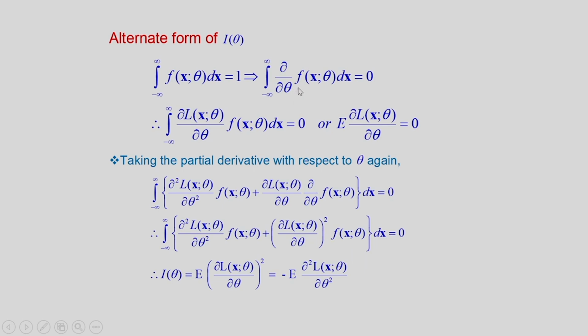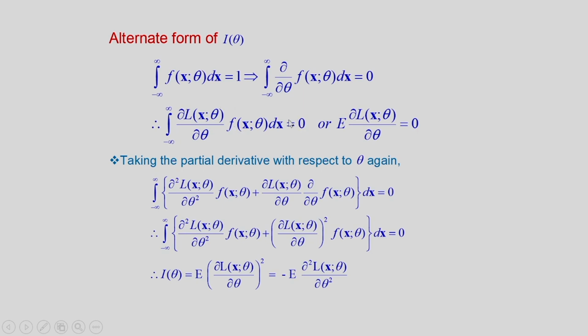Now, this quantity we can write in terms of the log likelihood function. So, the integration from minus infinity to infinity of del L del theta into f dx must be equal to 0.